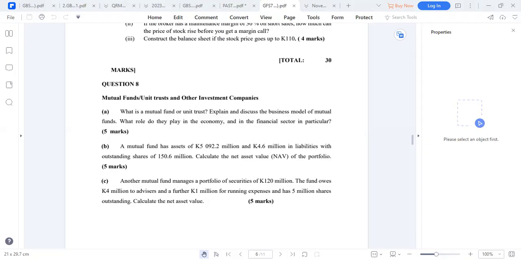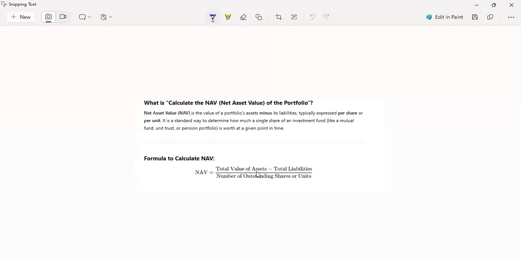It is a standard way that is used to determine how much a single share of an investment in a mutual fund or in a pension fund, in the unit fund is worth at a given point. So it's given by the formula total assets minus total liabilities over the outstanding number of shares.